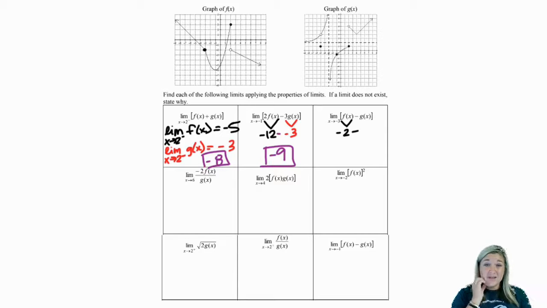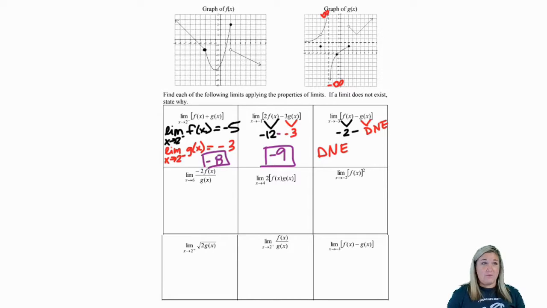What you'll notice here is that as I approach negative 3 from the left, it's positive infinity, and as I approach negative 3 from the right, it's negative infinity. So therefore, this one does not exist. This limit I can't even find, so it just does not exist.